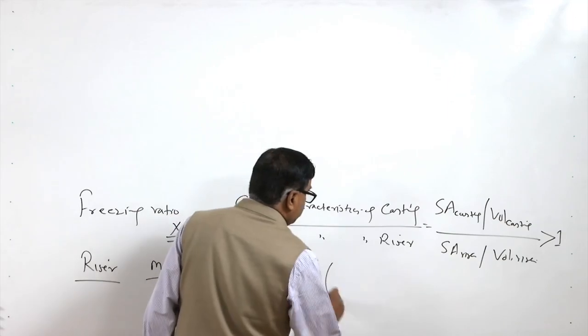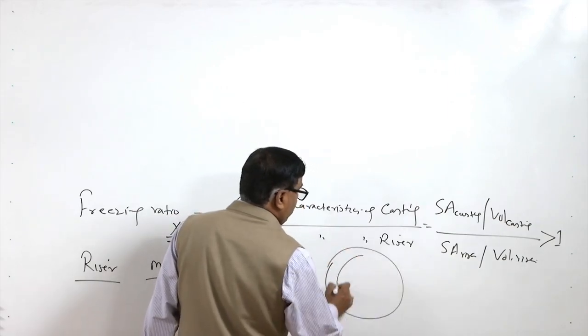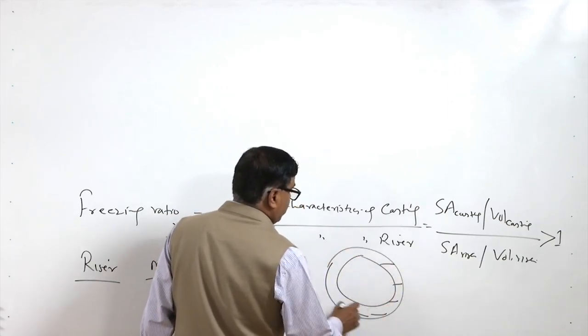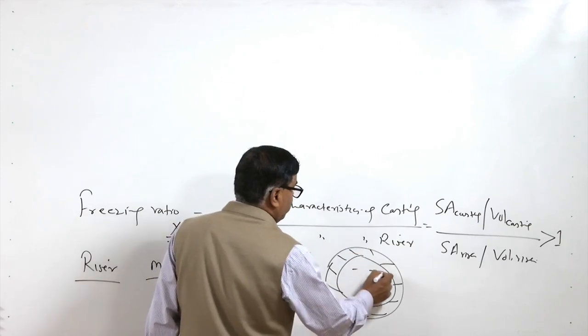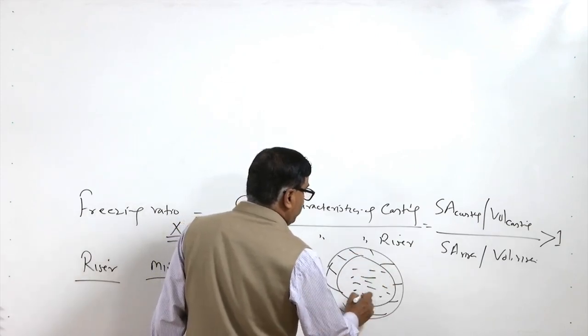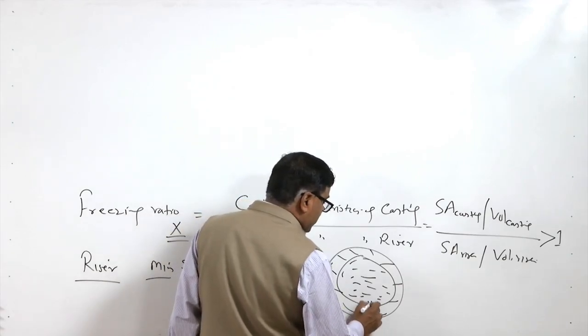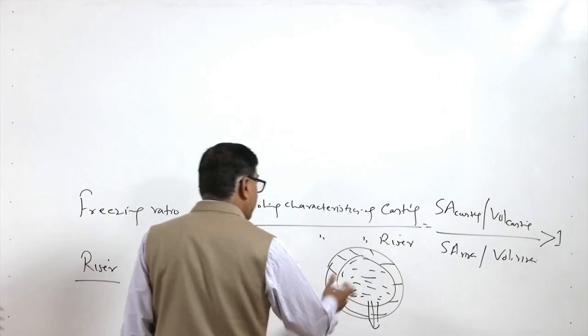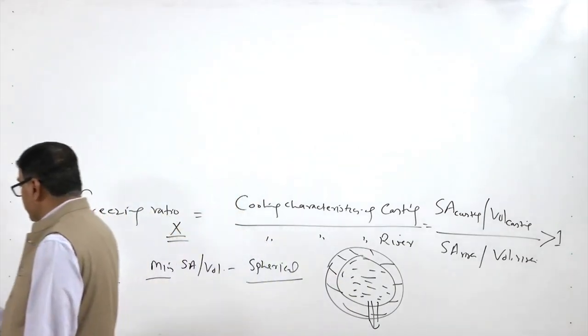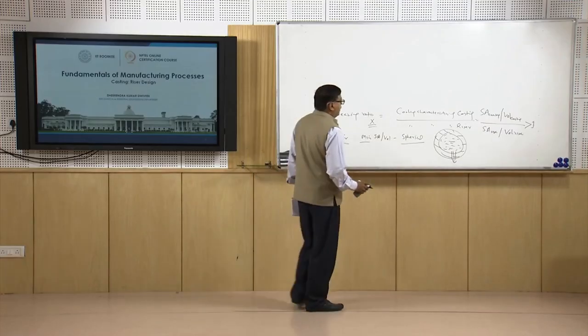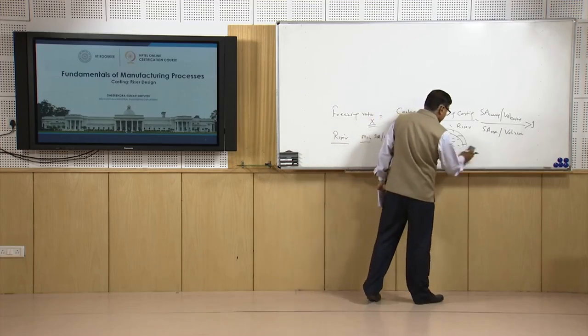But in the case of spherical shapes, obviously the solidification will start from the surface and the molten metal will be left in between. So, it will not be able to feed the molten metal from the riser to the mold when desired. So, this is found to be difficult to implement as a riser shape.